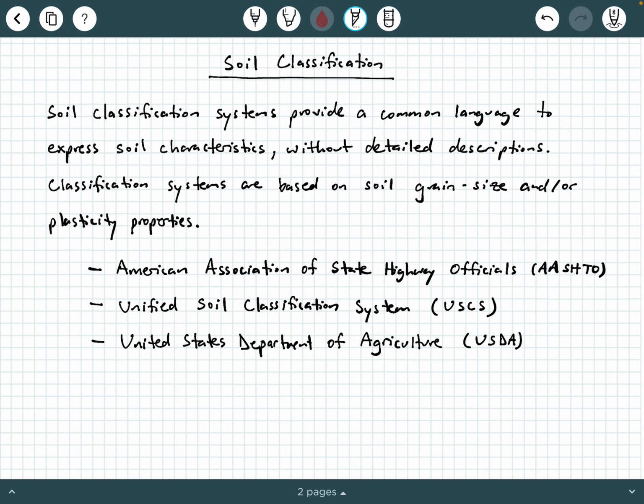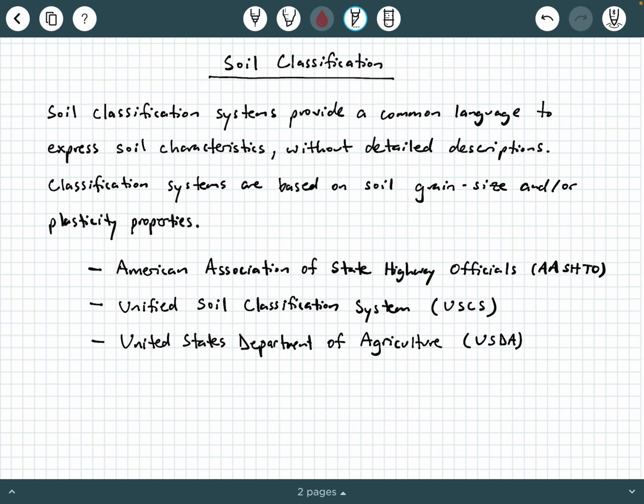Now, when we want to classify a soil, there are several different soil classification systems, but there are three that are most common. The one that you're going to use depends on the project that you're dealing with. So you might have to use just one soil classification system, or you might have to use more than one system. It just depends on what that particular project entails, okay?